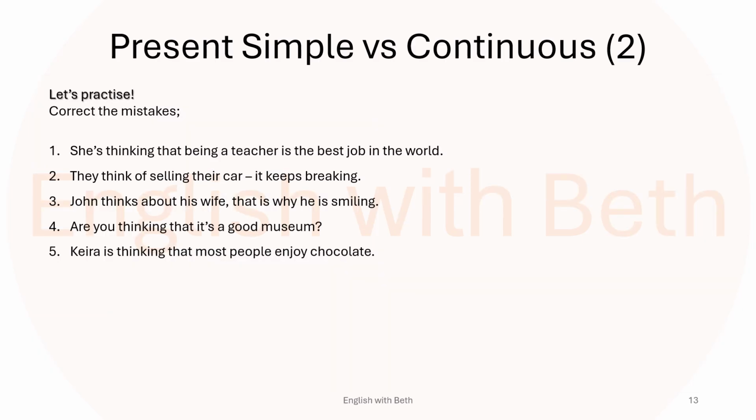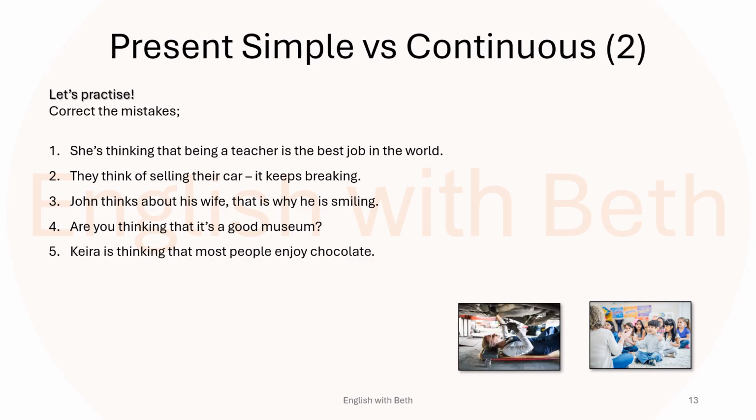Let's practice choosing the right tense for the word think depending on its meaning. Correct the mistakes in these sentences. Number 1. She's thinking that being a teacher is the best job in the world. Number 2. They think of selling their car. It keeps breaking.